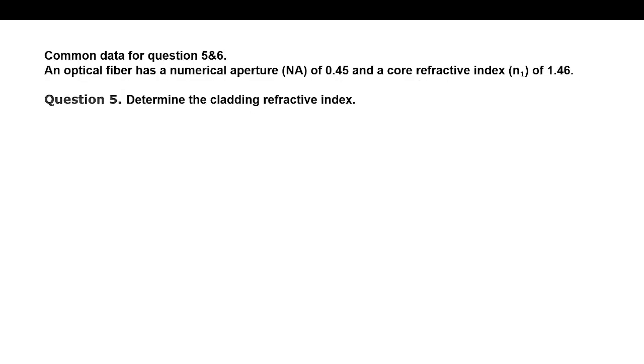Okay, now we have common data for question 5 and question 6. An optical fiber has a numerical aperture of 0.45 and a core refractive index n1 of 1.46. In question 5, they have asked to determine the cladding refractive index.